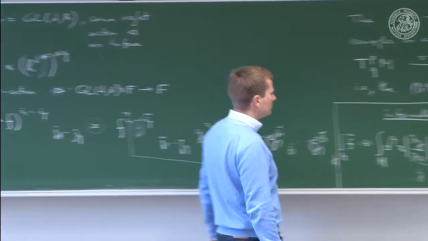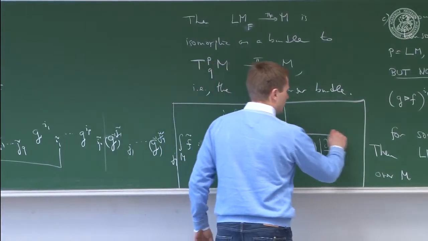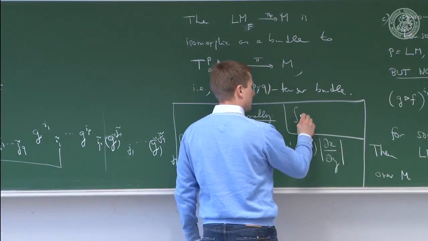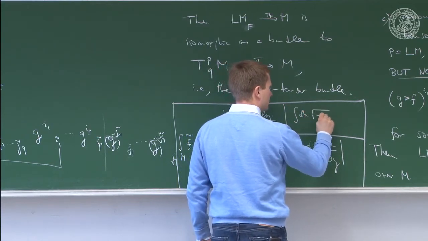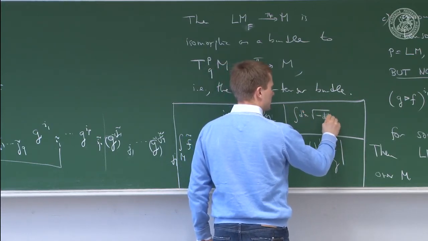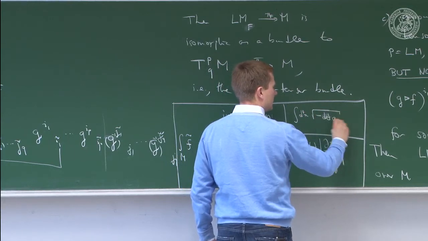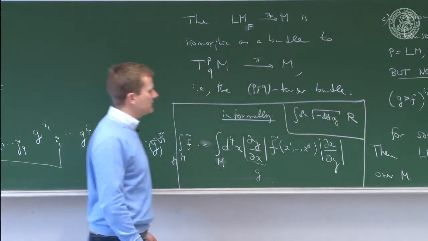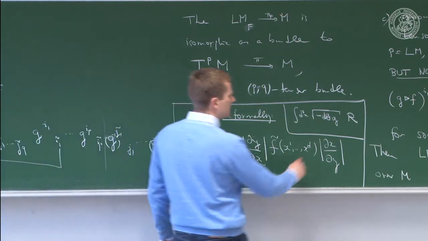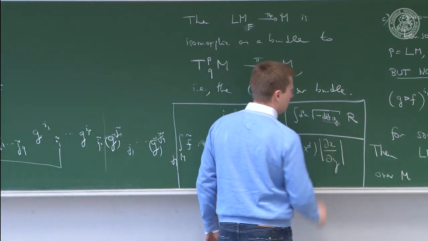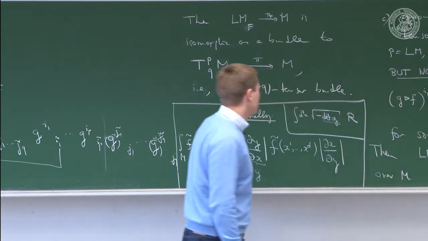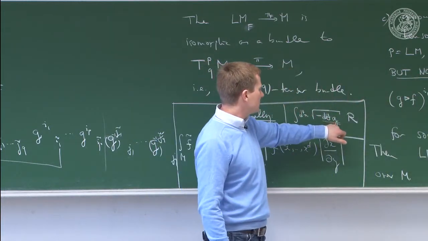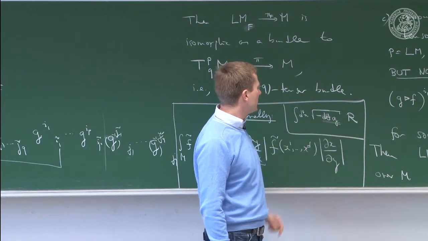It's also the same thing if you think of general relativity. I don't know whether you attended that lecture, but if you write down the Einstein action, you write here the square root of det G, something like this, times the Ricci scalar. And the point is that this det G is a 2-density, because you can check how G transforms as a tensor, and you have the determinant of it.